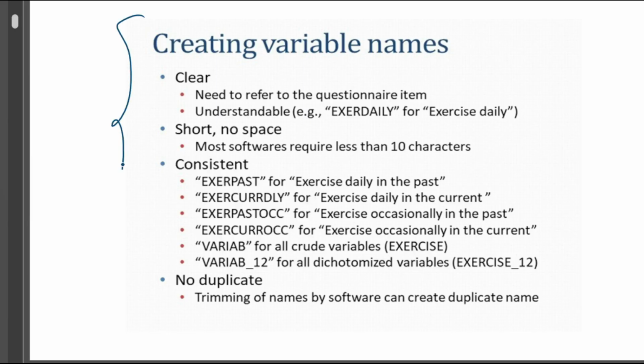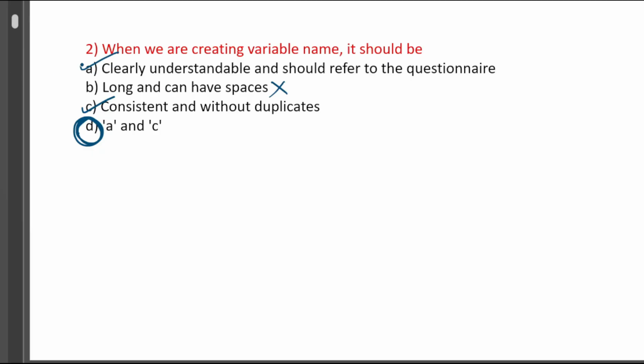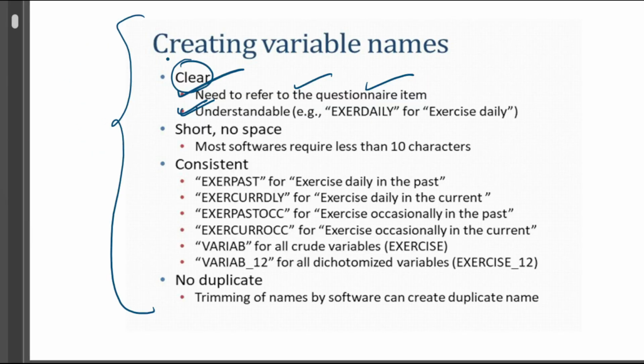This chart is pertaining to creating variable names. The first point was clearly understandable and should refer to the questionnaire. It should be clearly understandable and need to refer to the questionnaire item. So this was option number A, which is clearly mentioned over here.